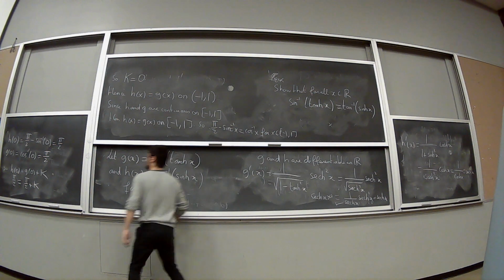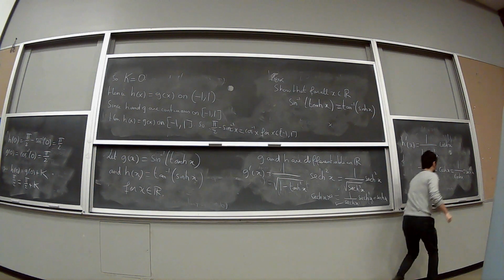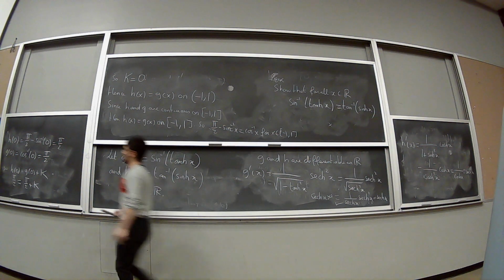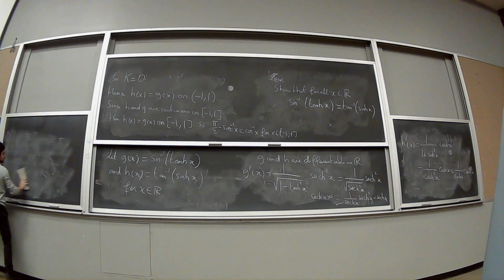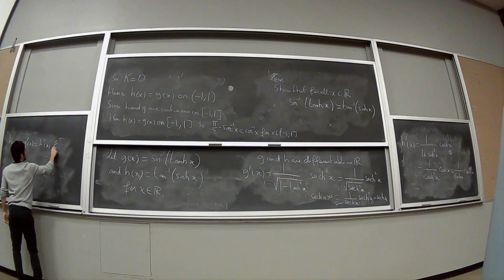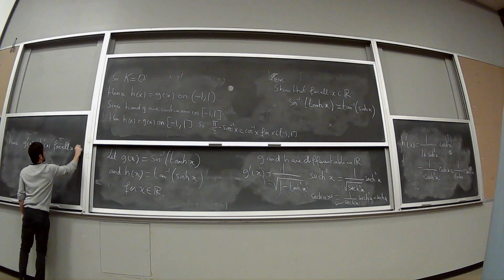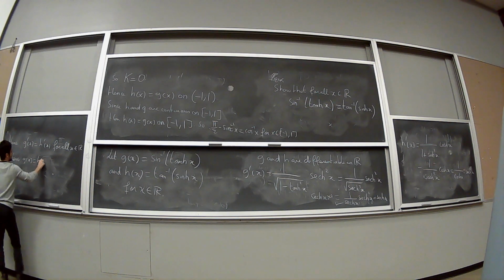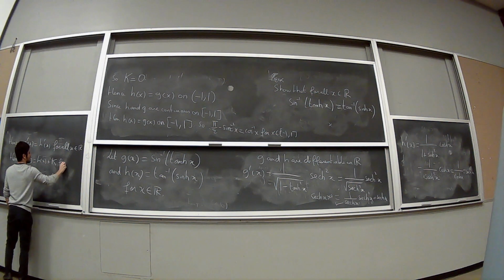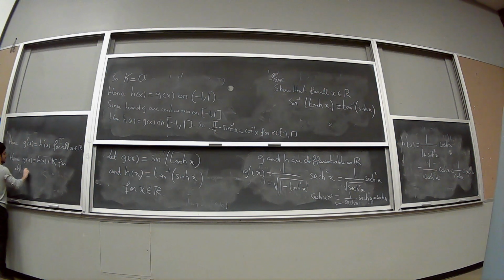Hence, g prime of x is equal to h prime of x for all x in R. Hence, g of x is equal to h of x plus k for all x in R. Now, what's a good number to plug in? Let's plug in 0 to find k.